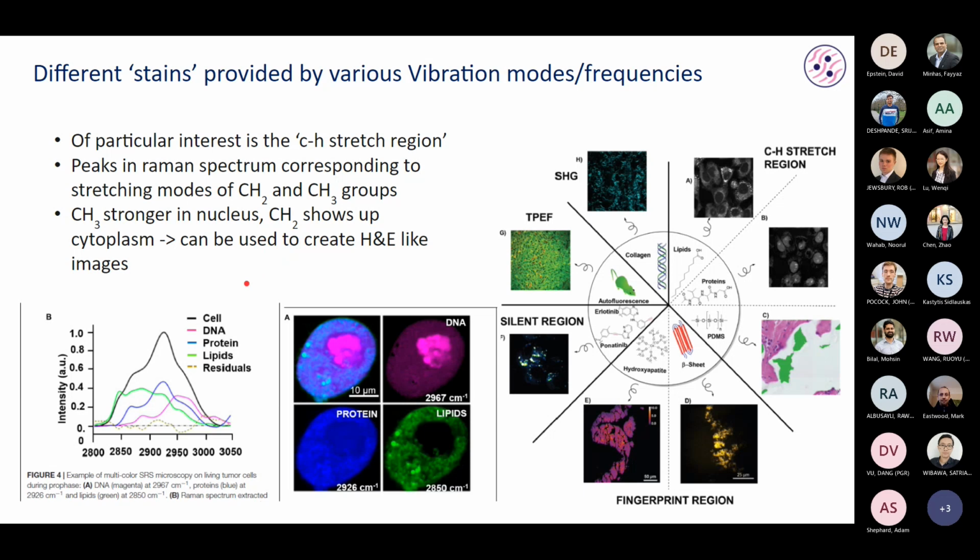So this gives us the opportunity to generate a contrast between the two, and we can try and create H&E-like images from that, because that's one of the great things about H&E, that it gives you this contrast between the nucleus and the cytoplasm.